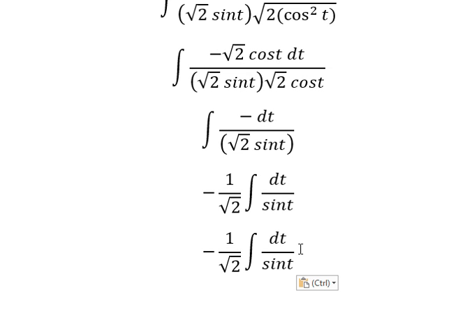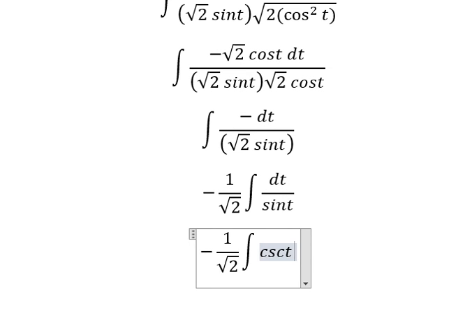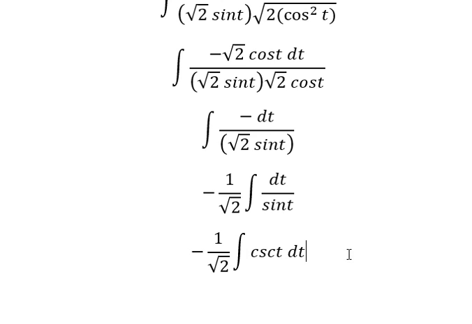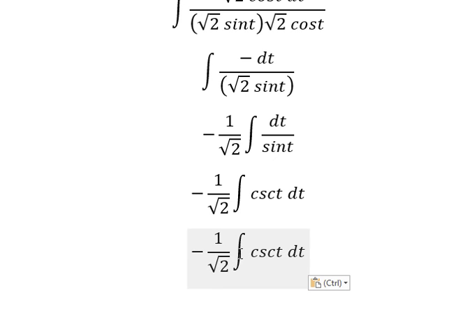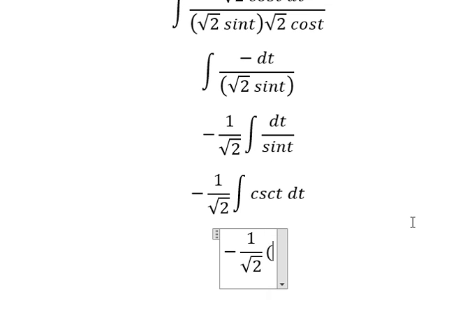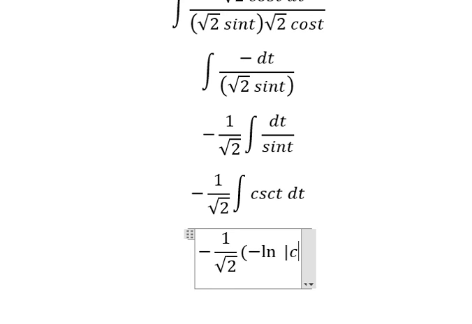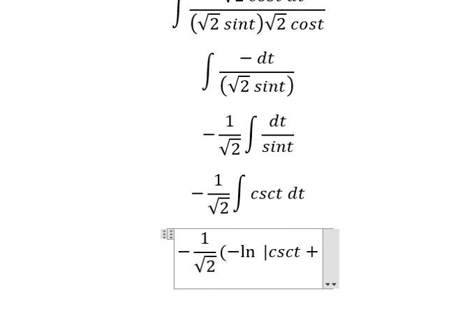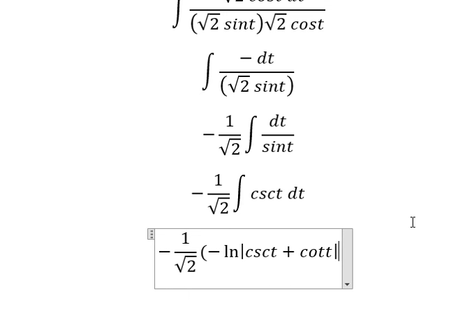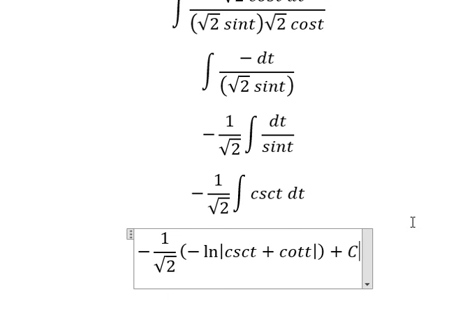This one that is cosecant of t. The integration of this one, we have negative ln of the absolute value of cosecant of t plus cotangent t, and I will put c.